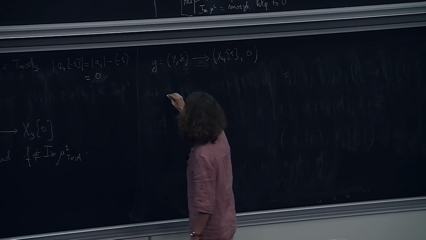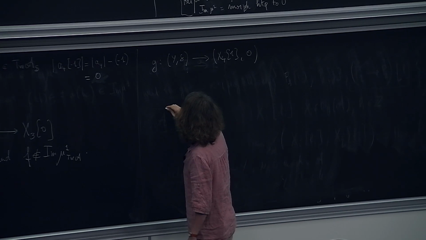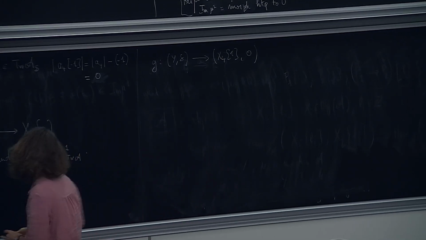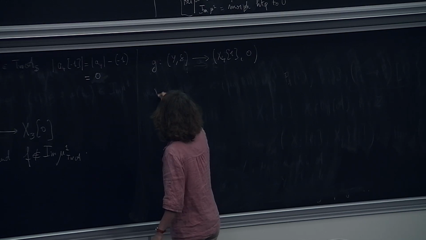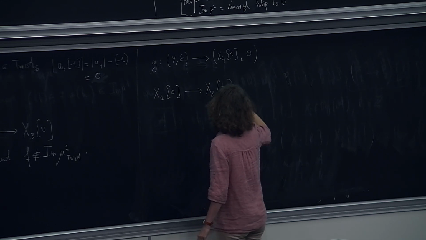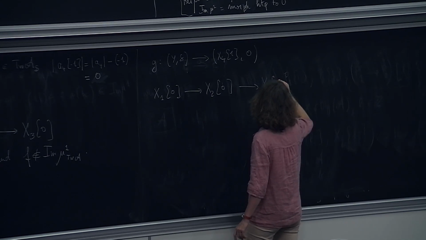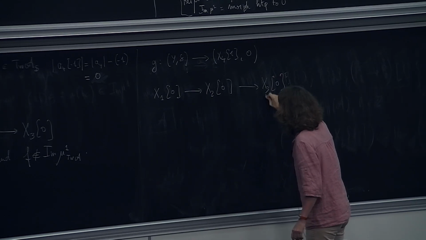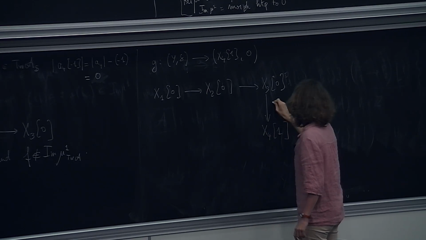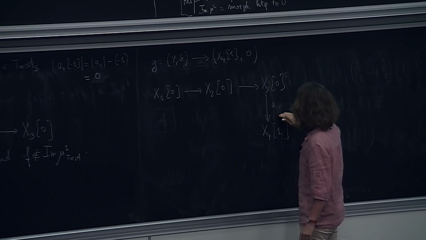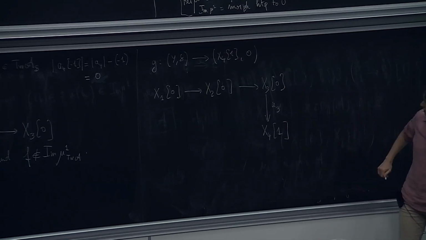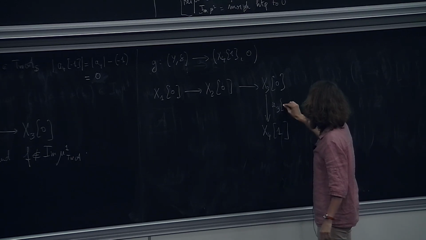And so here, maybe I write it here. And what could I take? I don't have many choices. I could take A3 from here to here, and I have to shift by 1.